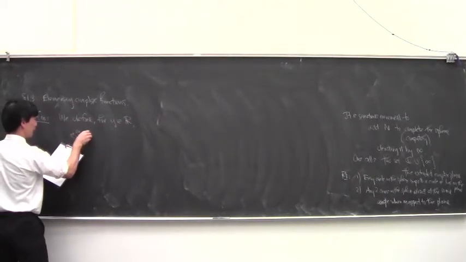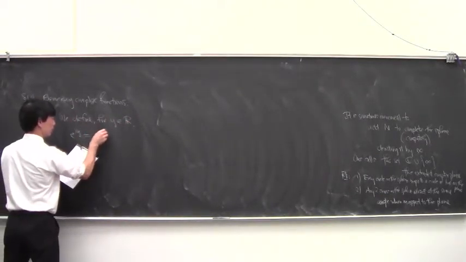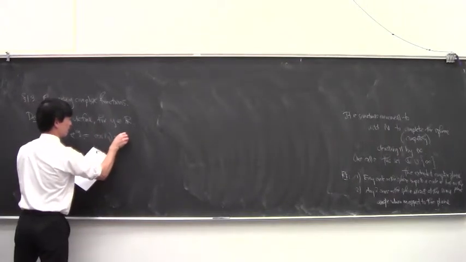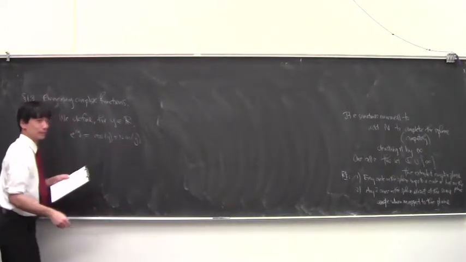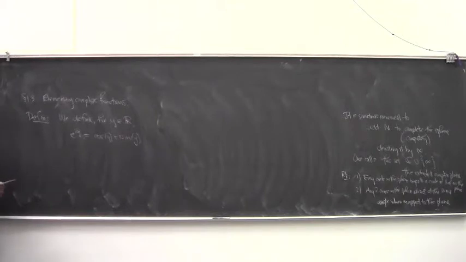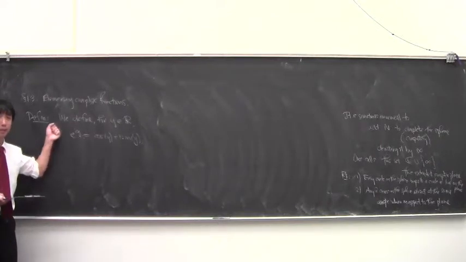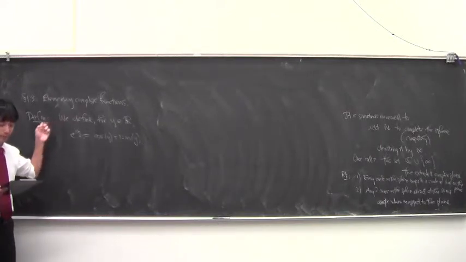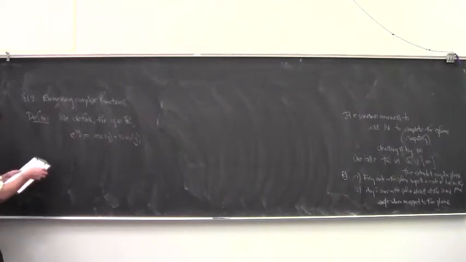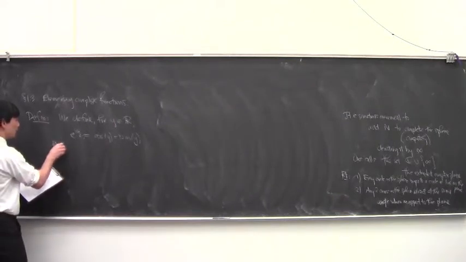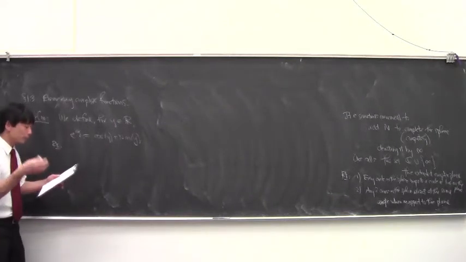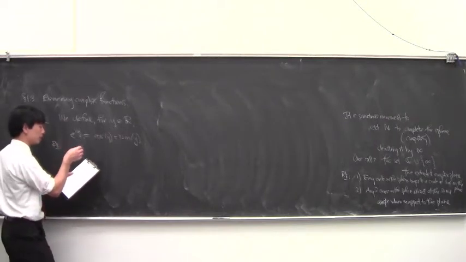We define, for y in R, e to the iy as cosine y plus i sine y. Okay. This is actually not the way you'd want to do it, but we're going to do it anyway. So the real way to do this is like this.